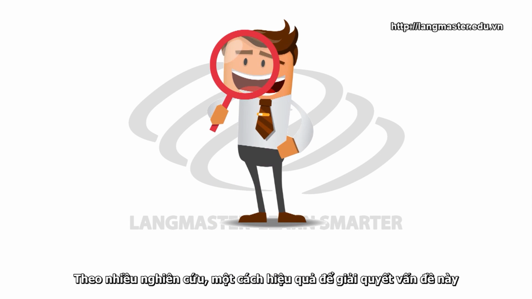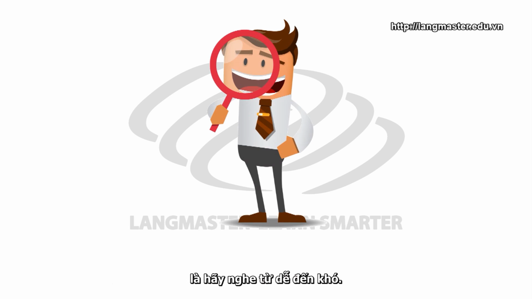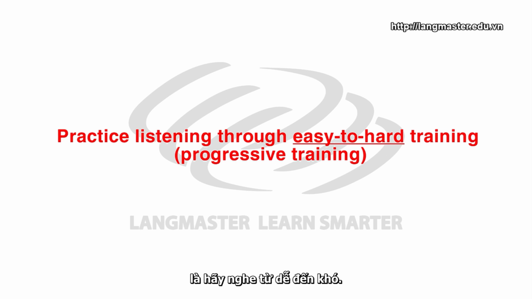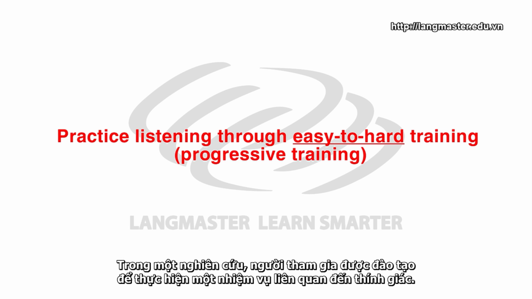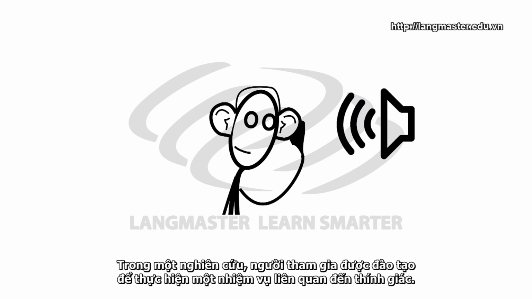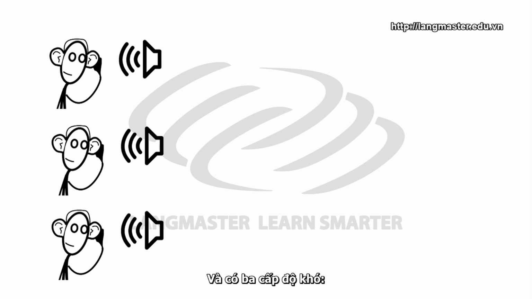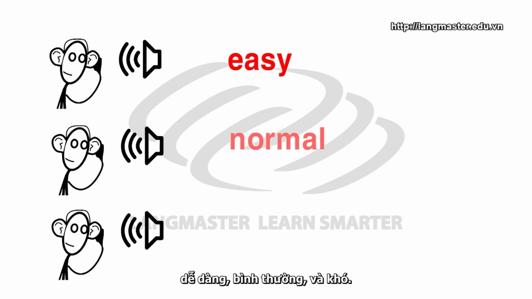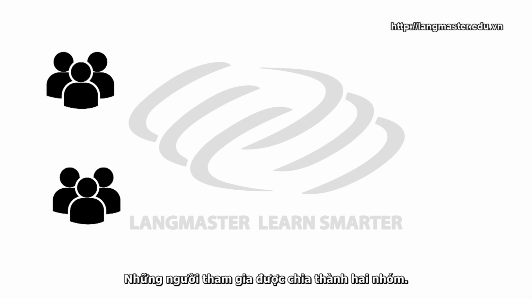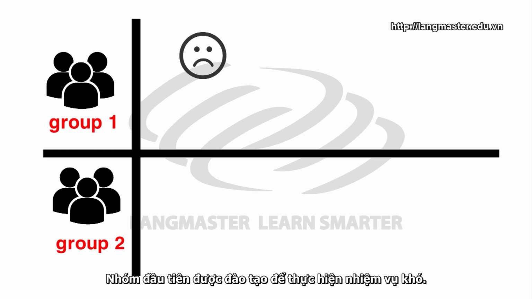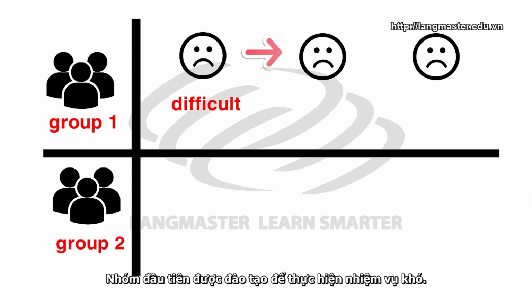According to many research studies, an effective way to deal with this problem is to practice listening through easy to hard training. In one study, participants were trained to perform a task related to hearing, and there were 3 levels of difficulty: easy, normal, and difficult. The participants were divided into 2 groups. The first group was trained to perform only the difficult version of that task.